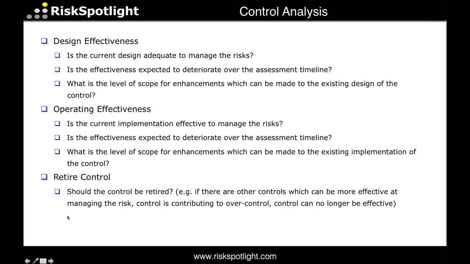And then as part of the control assessment, you may also want to think whether you need that control, because you may have a control in place for the last 10 years, but because you may have introduced some new controls over the last year, those old controls may not be as effective or may no longer be needed. So as part of the control assessment, you also want to take the opportunity not only of assessing the design and the operating effectiveness of those controls, but also to see whether we need that control at all or not.